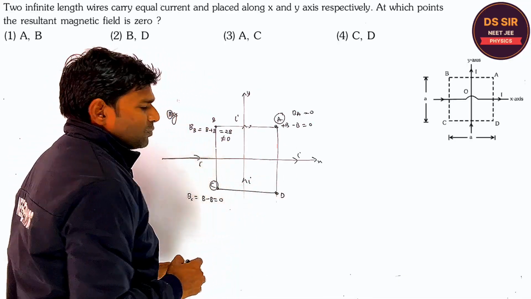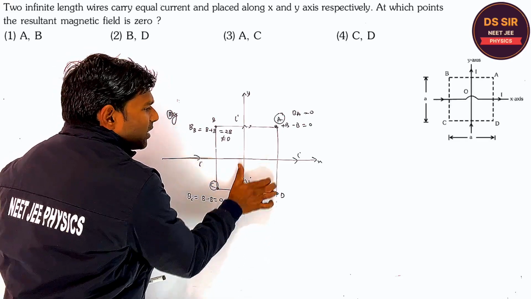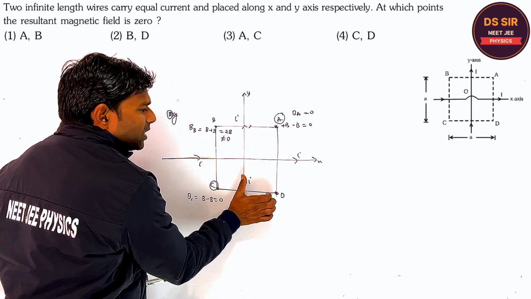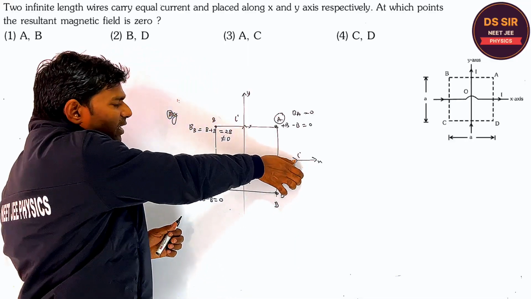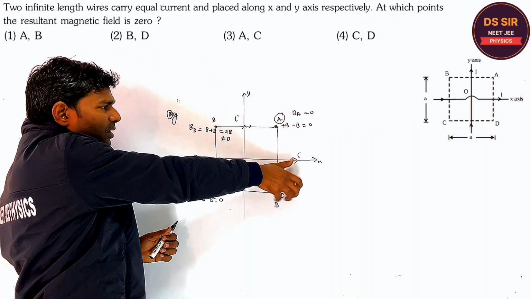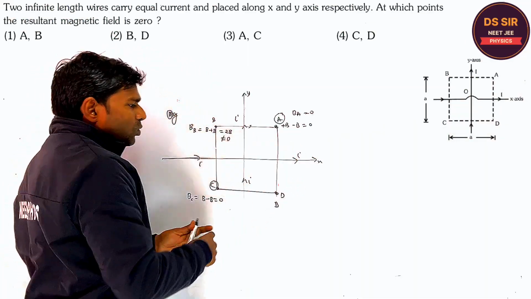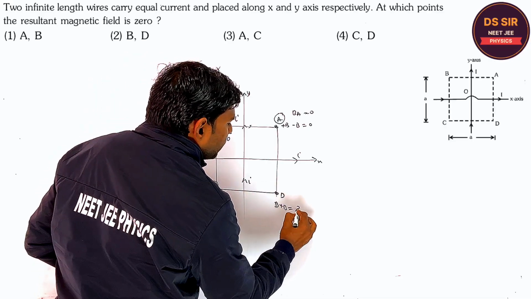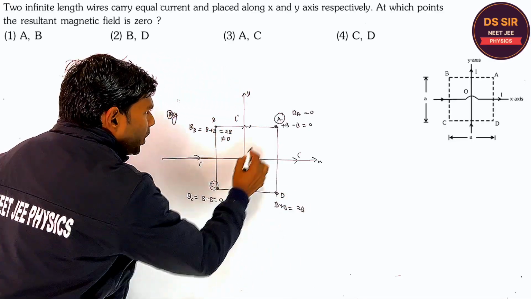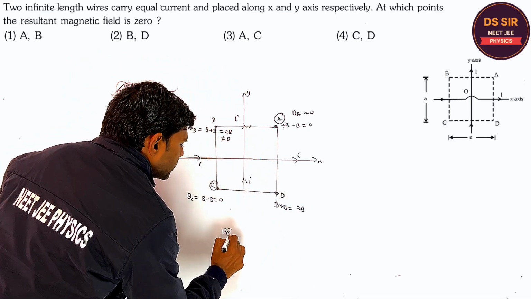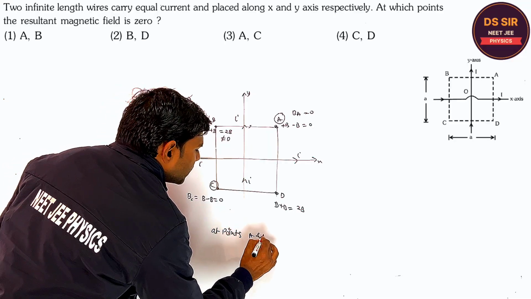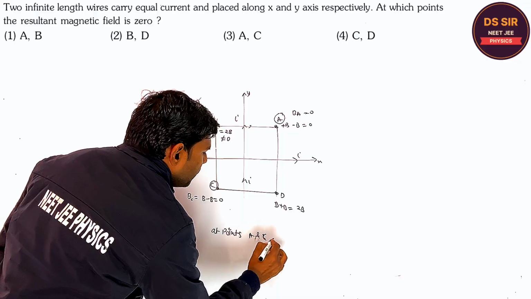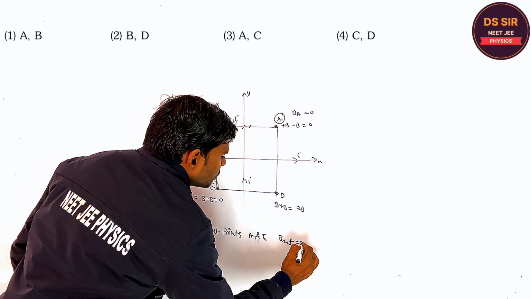Let me check at D. Because of this wire, the magnetic field is into, and because of this wire, it is also into. So B plus B, it is 2B. So at points A and C, the net magnetic field is 0.